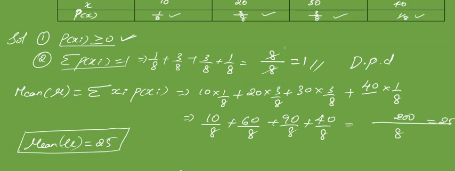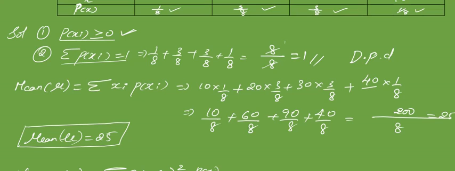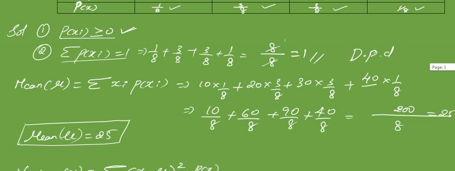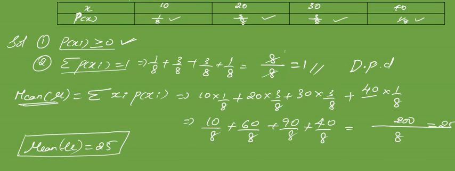So to find the mean and variance, that is our next step. So to find mean, you should know what is the mean formula. Mean is denoted by mu, that is nothing but summation xi p of xi. Xi is nothing but the event 10, 20, 30, 40 in our table. And p of xi is nothing but the corresponding probability, the outcomes. So what you have to do, you have to multiply each element of xi with probability and sum it up, because we are using the symbol called summation.